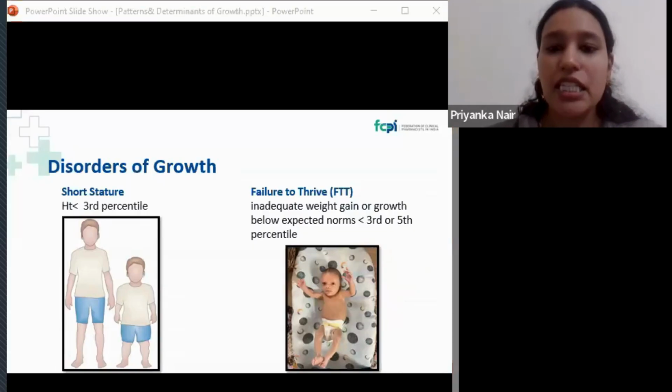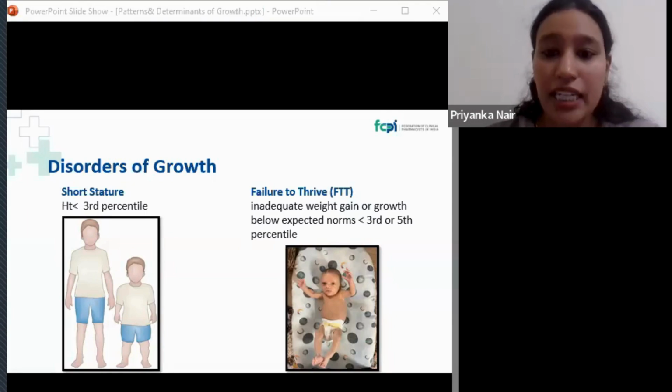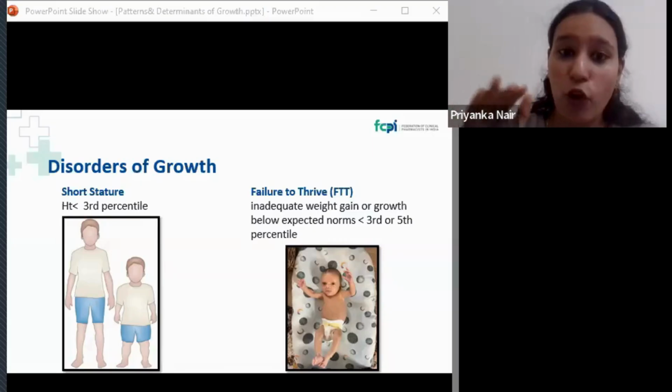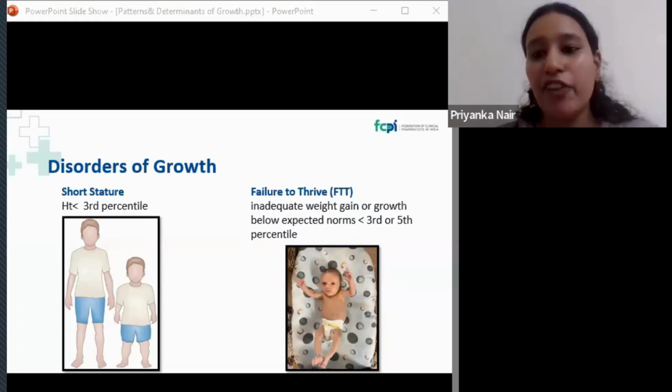Short stature is the falling of height below the third percentile. That is, if the child's height is below the third percentile for that age, this child would be particularly lower in height than their peers. Then, failure to thrive is inadequate weight gain or growth below the expected norms. Here, the weight also falls below third or fifth percentile.